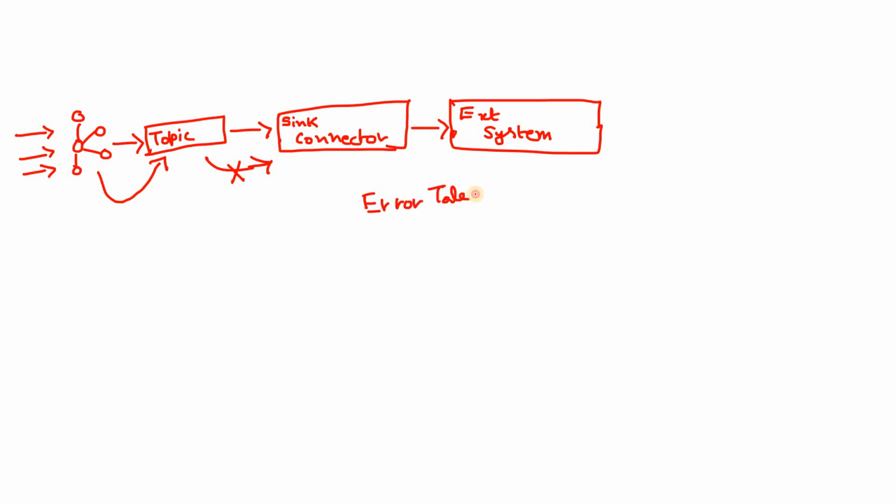I can make a box here. So based on error tolerance, the first approach is that as soon as an error occurs, fail the connector. That approach is called fail fast. What other option is there? The other approach is, if you don't want to fail it, handle it.